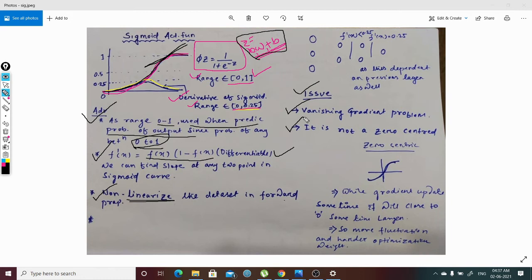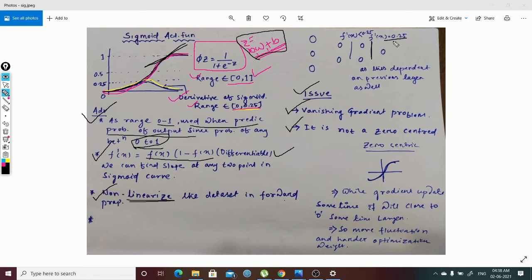So it has the vanishing gradient problem. What it basically means is that during the backward propagation, we need the derivative of the sigmoid function, as you already know. So what is the range of the derivative of the function? That is 0.25. If it is 0.25, then during the backward propagation we need to multiply those different derivatives, right?